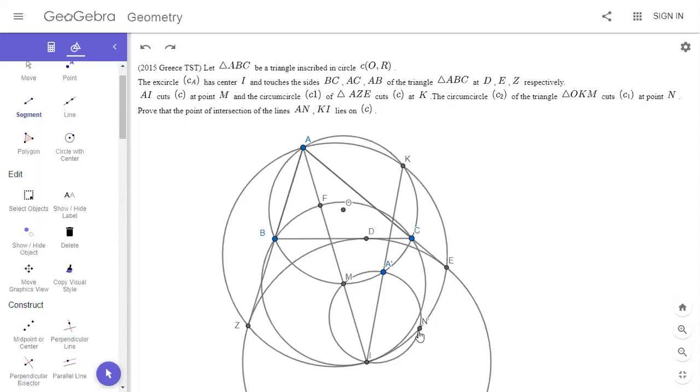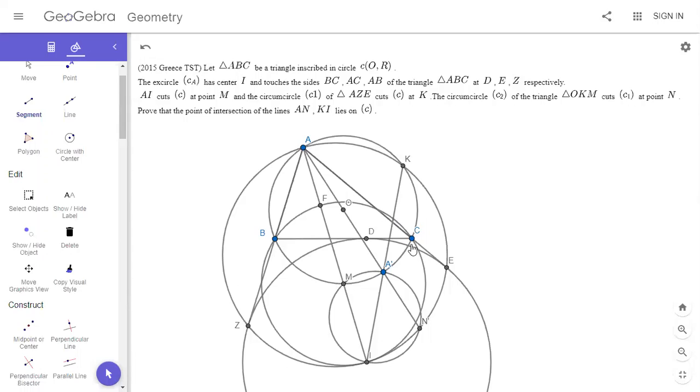Oh, wait, so we defined N prime to be the intersection of AA prime, and I got confused about what we were trying to prove and what we know. Okay, so we defined N prime that way, and then we have MN prime O is equal to MN prime A prime is MIA prime is MIK, is AIK, is AKC.